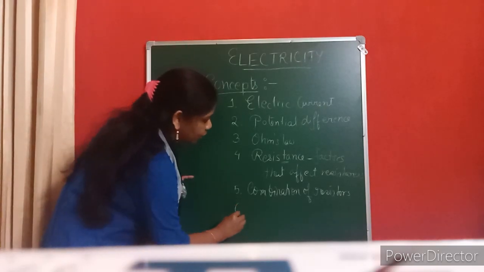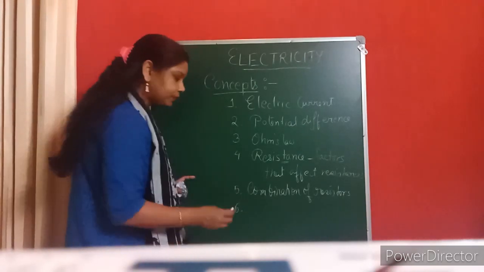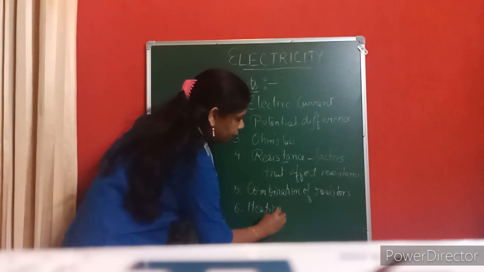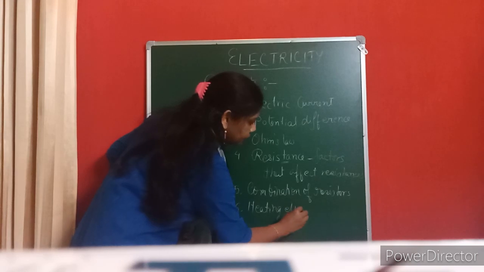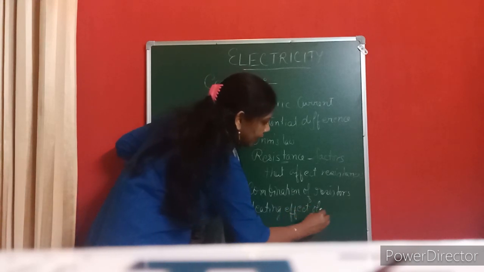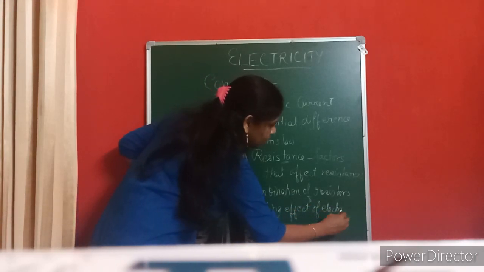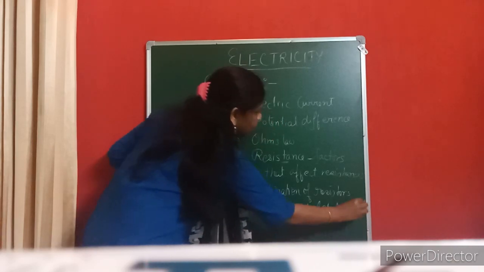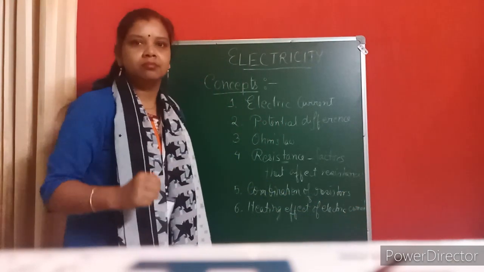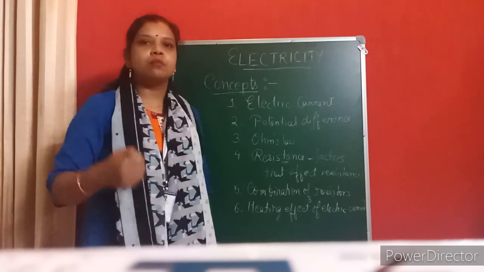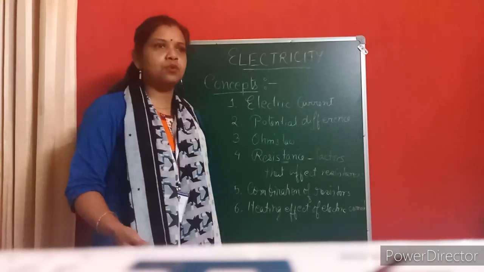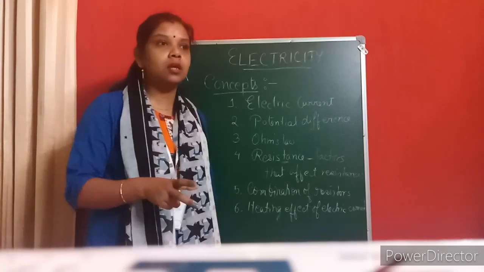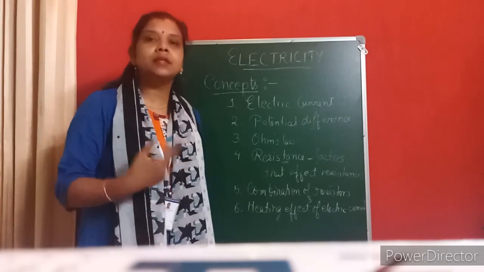Next, number 6, we are going to study the heating effect of electric current. Let me give you one example. When we want to iron our dress before going to school or going outside, we allow the current to pass through the electric iron and it gets heated up.